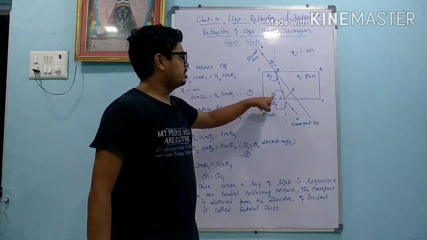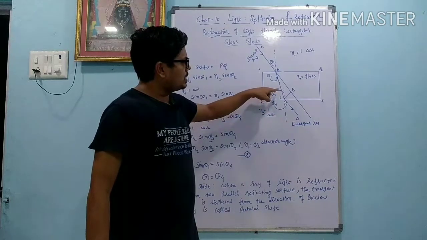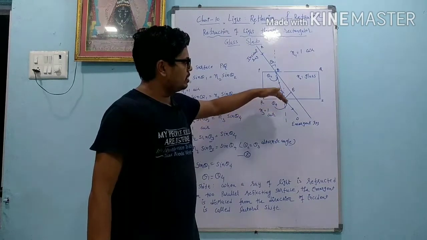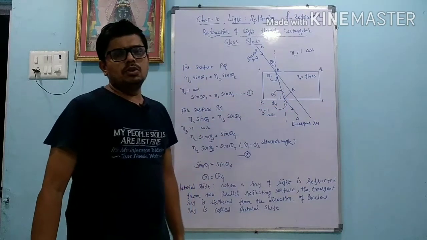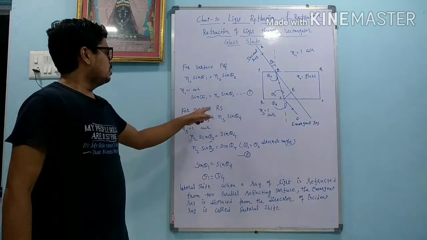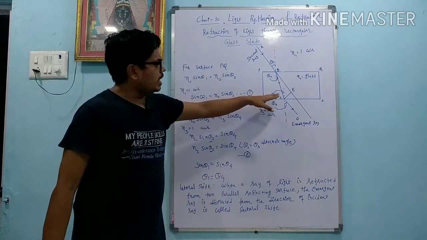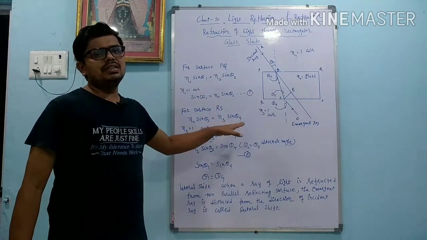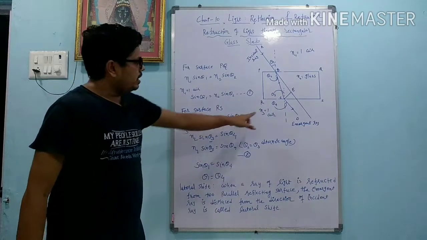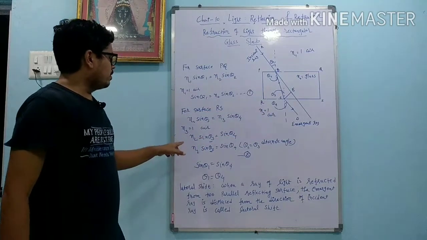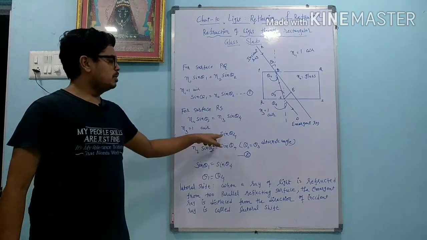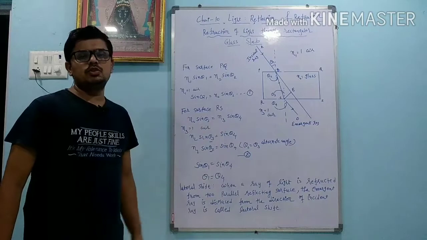And when it passes from the denser medium to the rarer medium, it goes away from the normal, so it makes another angle, theta 4. So for the RS surface, we can write eta 2 sin theta 3 equals eta 3 sin theta 4. We know that eta 3 equals 1, the refractive index of air. So we can write eta 2 sin theta 3 equals sin theta 4.